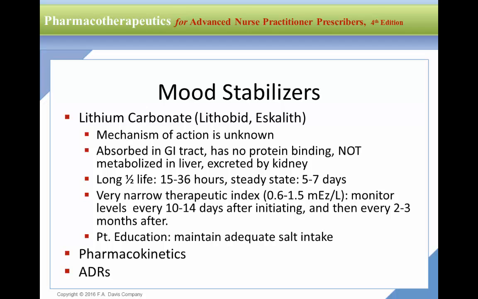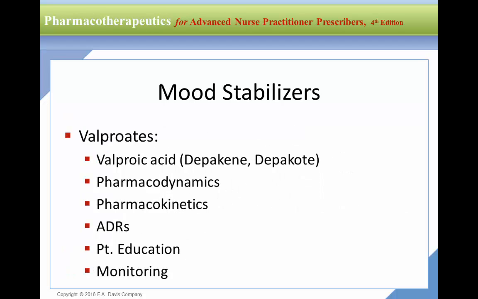It has a very narrow therapeutic range, 0.6 to 1.5. It doesn't bypass the liver, has no protein binding, no cytochrome P450 interaction. But what it does have is a very narrow therapeutic window, and you must monitor sodium intake, salt intake, and water. Do not forget that.